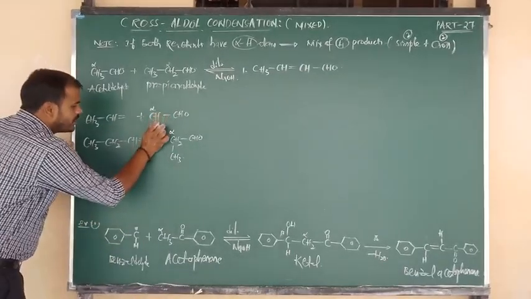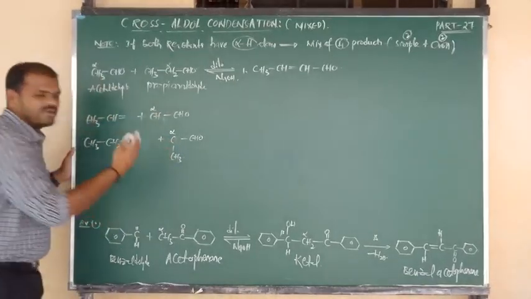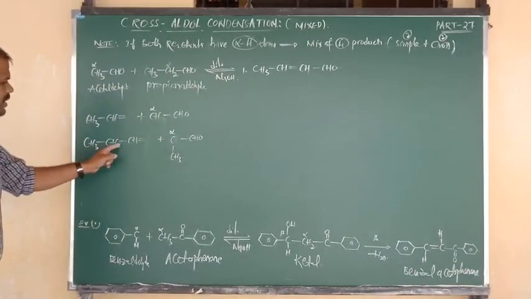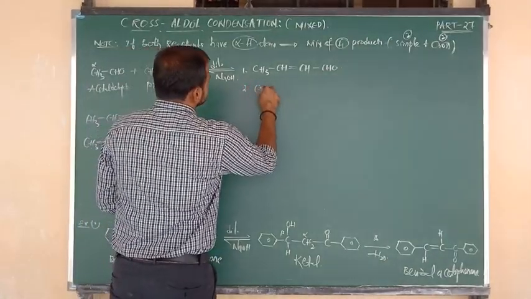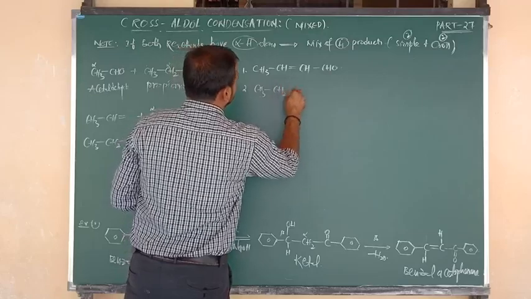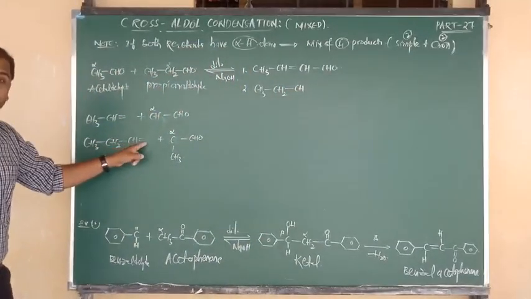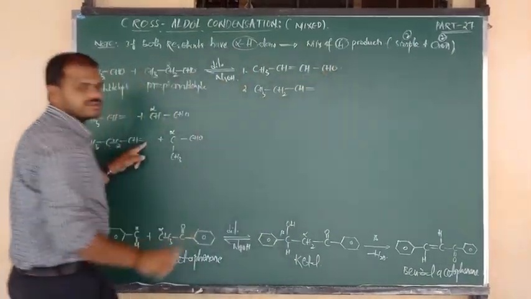From the first molecule, remove O. From the second molecule, remove H2. Now we can eliminate the water molecule. Simply join them: CH3, CH2, bond, CH. Second product: CH3, CH2, bond, CH. CH contains a double bond after the loss of oxygen.